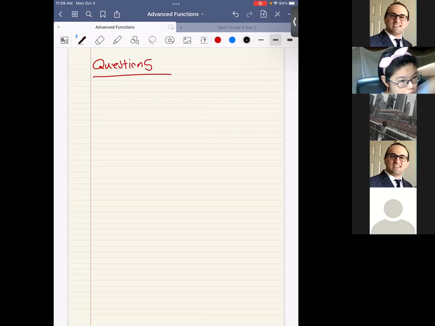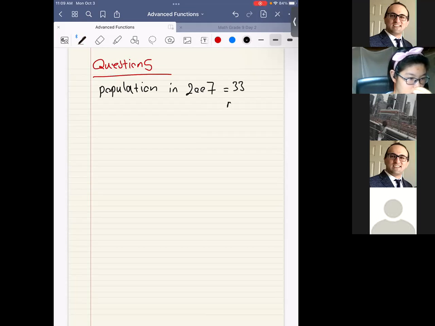So it says that the population in 2007 was 33 million. The population is growing at a rate of 2.2%.